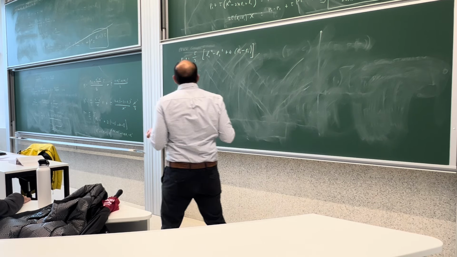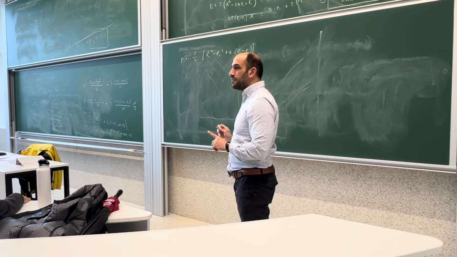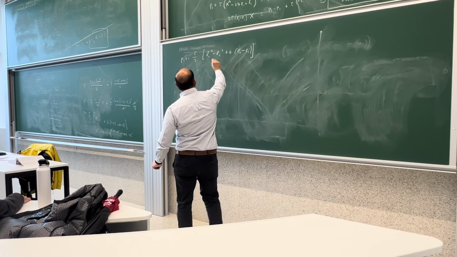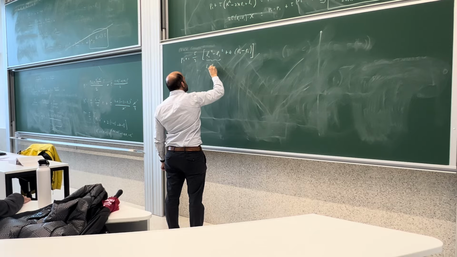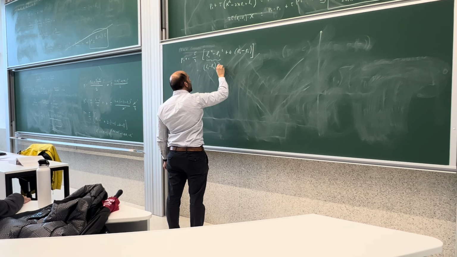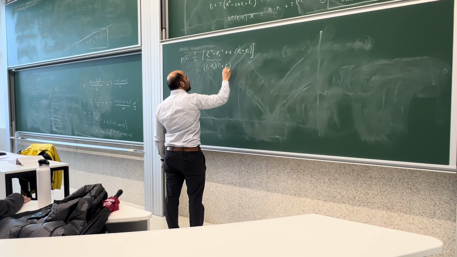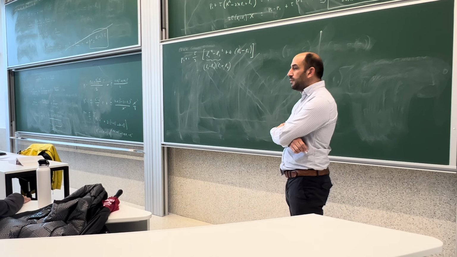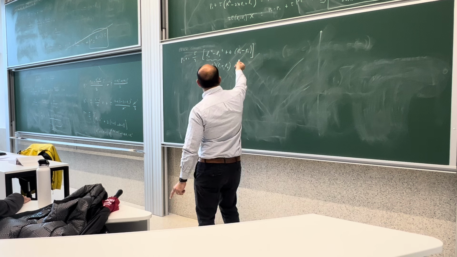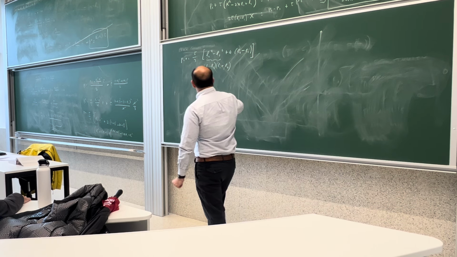And now, what if we write this L1 squared minus L2 squared as L1 minus L2 times L1 plus L2? This way we could take out common factor L2 minus L1.